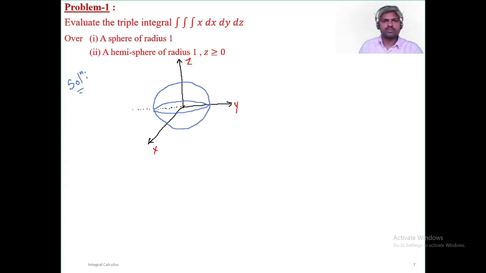So this is a full sphere. Okay. And what about this one? So this is rho. This is the rho axis and it makes an angle phi with respect to the z axis. So it moves around z.